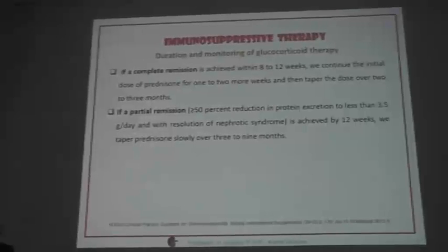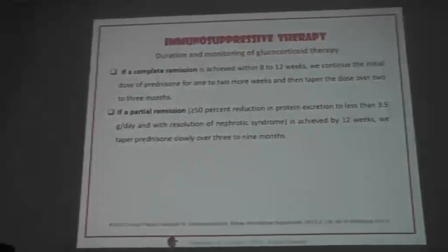If the patient has a complete remission within 8 to 12 weeks, as I mentioned, we continue the initial dose of prednisolone for another 1 or 2 weeks, then we taper over 3 months.